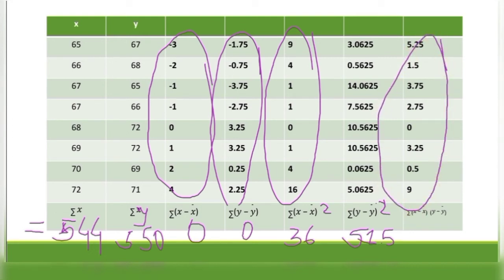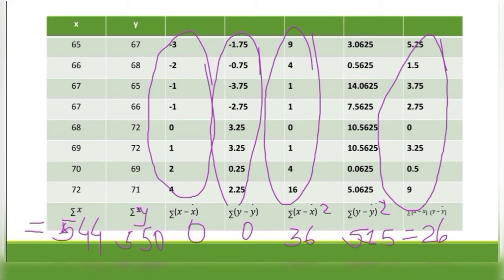It is not sigma x minus x bar into sigma y minus y bar, because here we have found out the multiplication, that is x minus x bar into y minus y bar, and on adding that we'll get the summation, and summation is 26. So sigma x minus x bar into y minus y bar is 26.